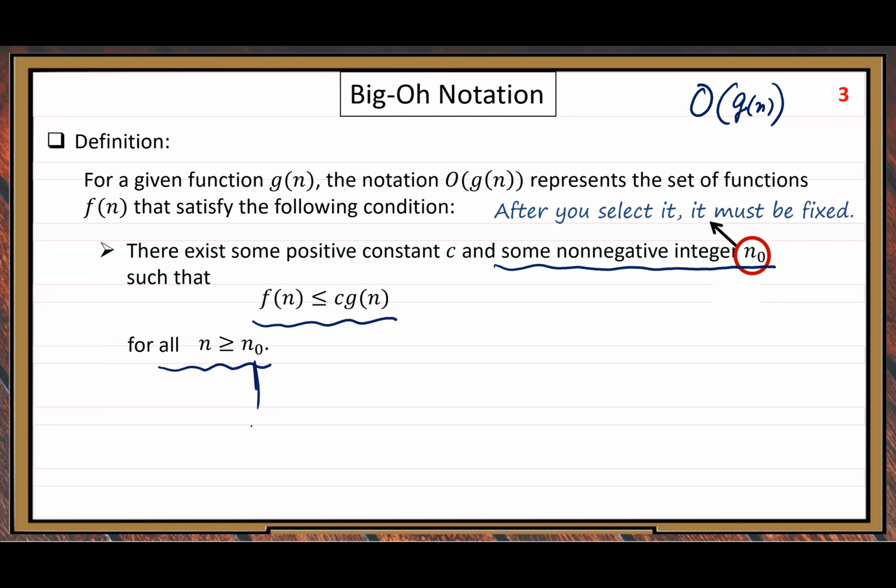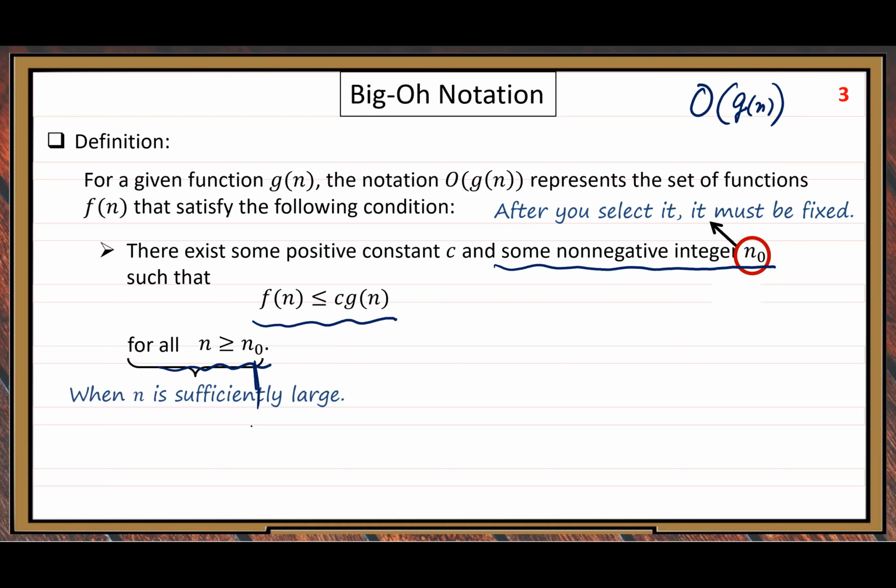But after you select it, it must be fixed. After you select the n0 number, when you change the value of n, you should not change the value of n0 anymore. You have to fix it. That's the way you choose the special n0.